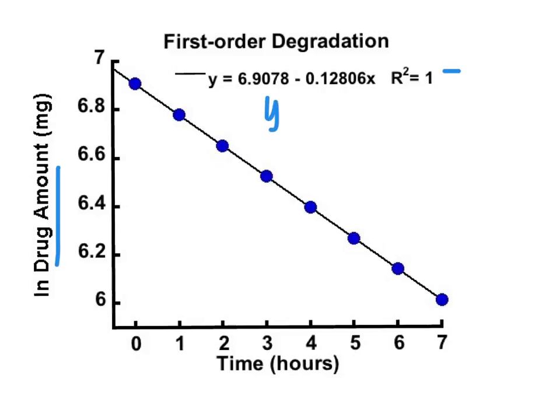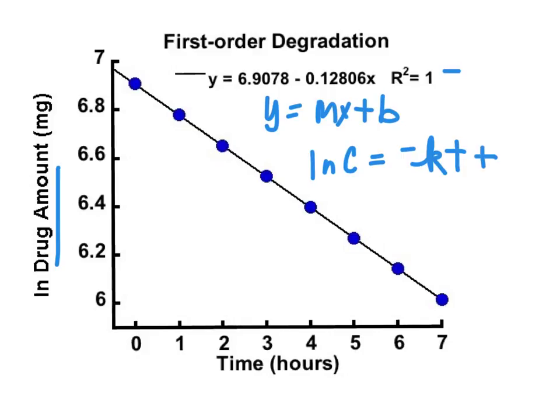So recall our linear equation is y equals mx plus b. In this case, our y, the natural log concentration, is equal to the slope, which is our negative rate constant k, times x, which is our time, plus the y-intercept, which is ln of our initial concentration.